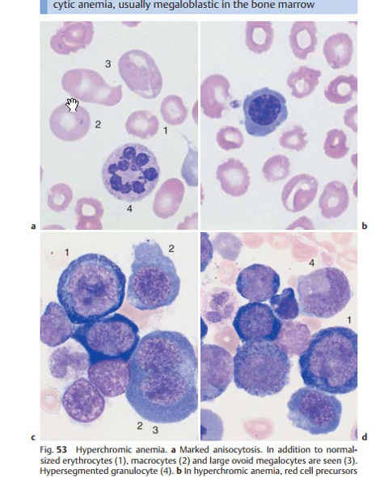In diagram 1, you have a normal-sized erythrocyte and a large one, and diagram 3 is a large ovoid megalocyte, which can be seen here. This is seen in megaloblastic anemia. That's why you have anisocytosis: some cells are normal size, some are large, and others are megalocytes.